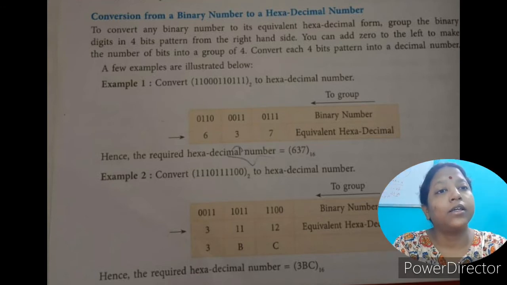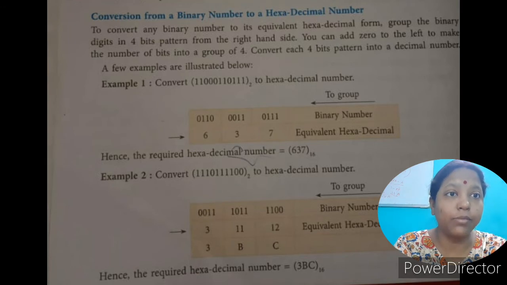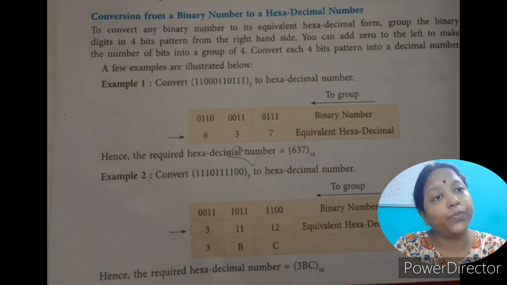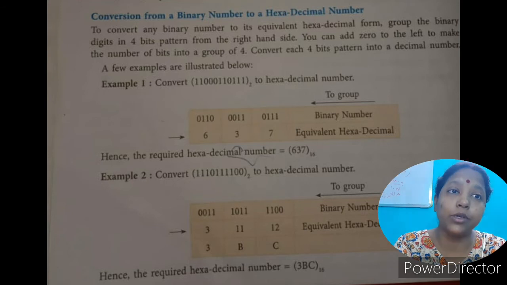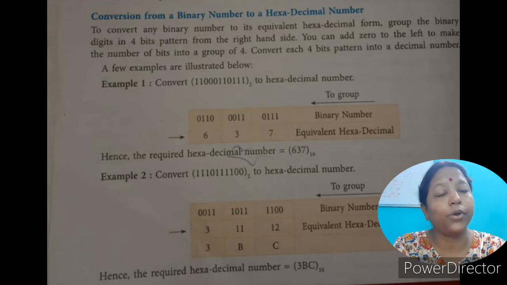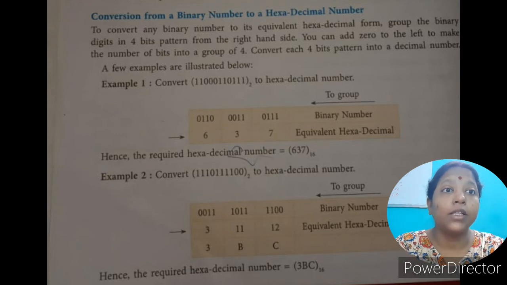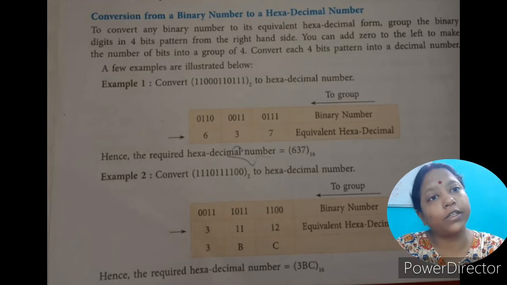As the base of hexadecimal number system is 16 and the base of binary number system is 2. And we know that 2 to the power 4 is equal to 16. So the power of 2 is 4. This is the reason that first we have to create 4-bit groups from the right side.